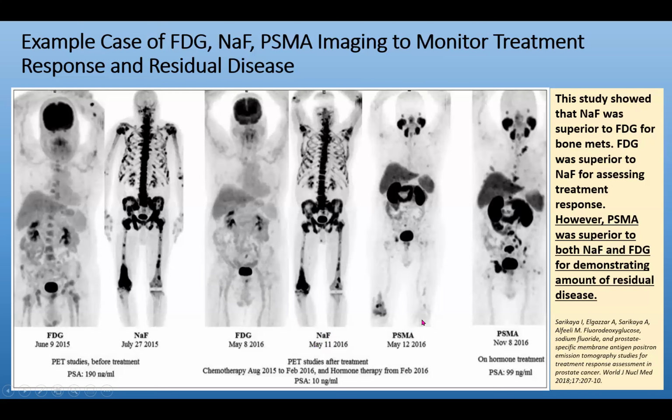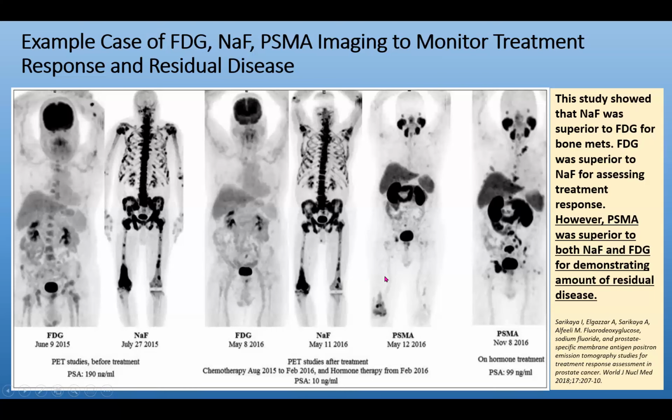And in this case, the sodium fluoride PET scan, the bone scan, was probably superior to the PSMA study in assessing treatment response, right? Or sorry, the sodium fluoride was better than the FDG in evaluating treatment response. Okay, right? So you're seeing more lesions here than we did on the FDG.